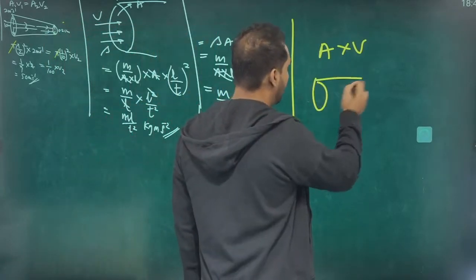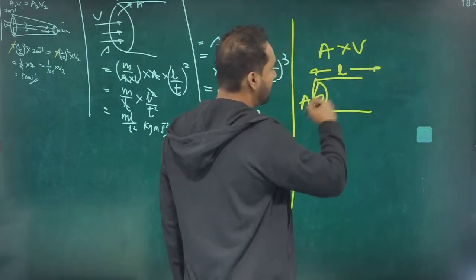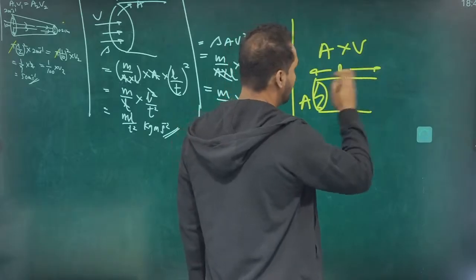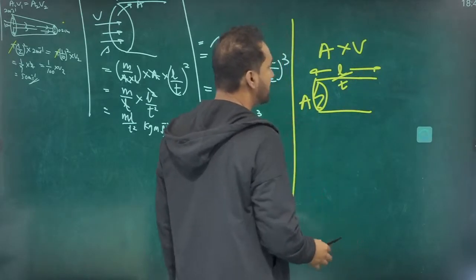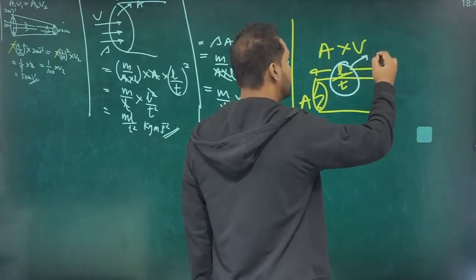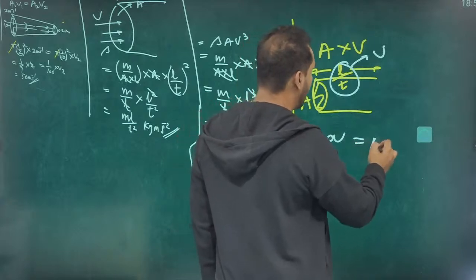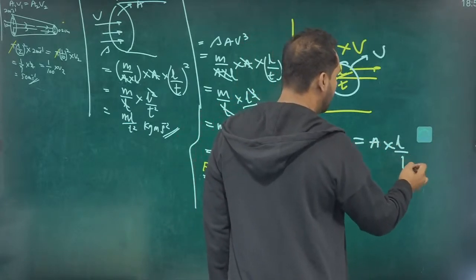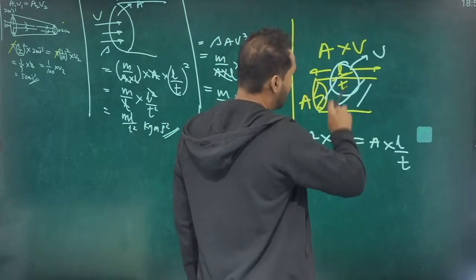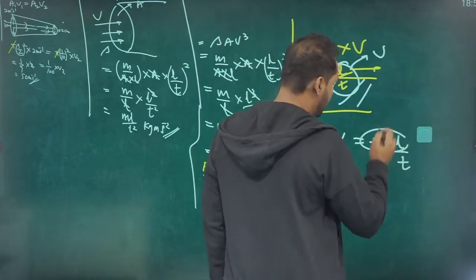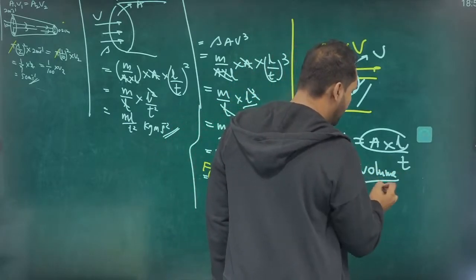So take a cross-sectional area like this. Area is this. This is the length. Area into length is volume, right? So length divided by time is velocity. So A into V is A into L over T. Cross-sectional area into length is volume. So AV is volume per time.